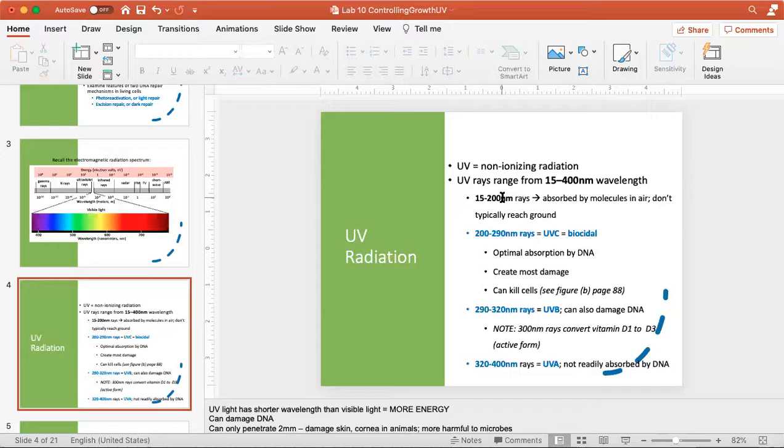That's good news for you and I, because this would be the most powerful type of ultraviolet. It doesn't even reach the ground. Once you hit 200 nanometers, now you're talking about ultraviolet C, and that is going to come down to the ground and interact with living things. Biocidal, capable of damaging and even killing cells.